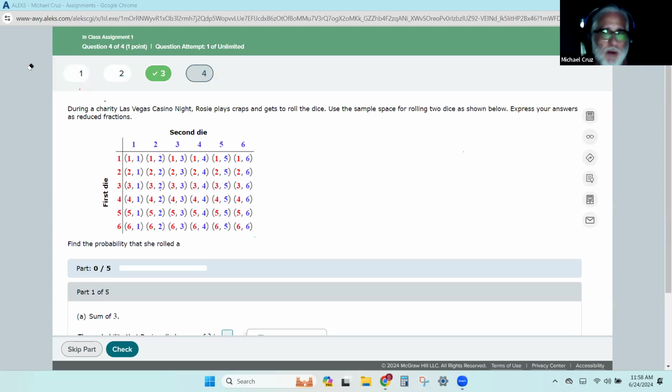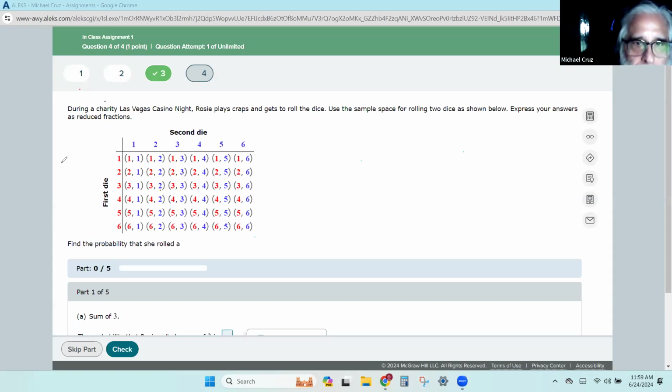And you can see them all here. All right. 1 1, 1 2, 1 3, 1 4, 1 5 through 1 6. Then match up the 2s for the first one, and all the other ones change. The 3's the first one, all the other ones change. Same thing for 4, 5, and 6. So 36 different outcomes.